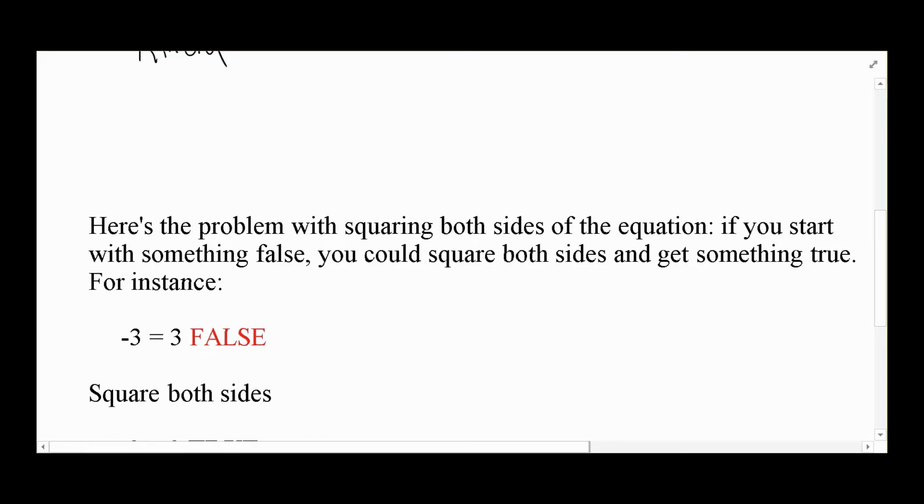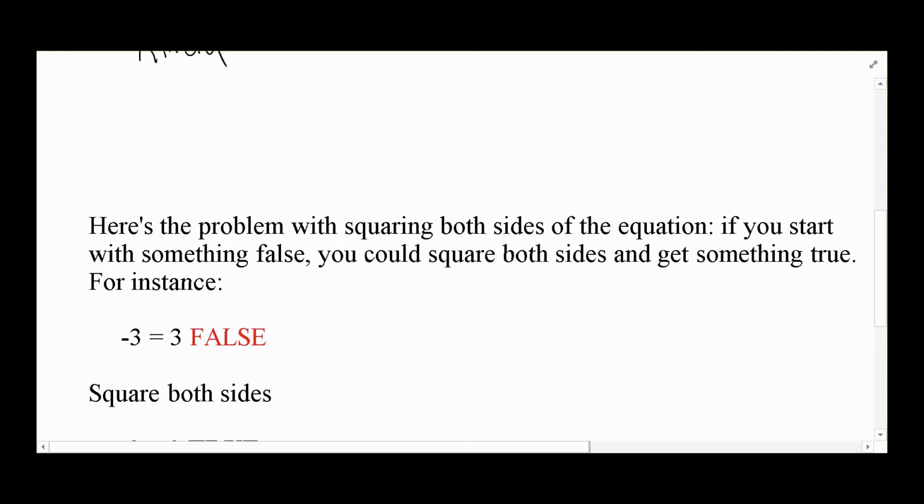And let me show you why. The problem is when we square both sides, we could take something that was false, square both sides, and end up with something that's true. So I could have originally had something where, when I plug the x in, it doesn't work. And yet after doing the squaring and solving, it seems like it would work.